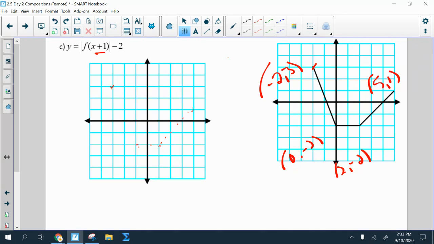So here is the graph shifted to the left. Well, now I want to make everything positive now that I've shifted it to the left. So this point here is negative 3, 3. It doesn't change. This point here is negative 1, negative 2. It is now going to become, sorry, negative 1, positive 2.